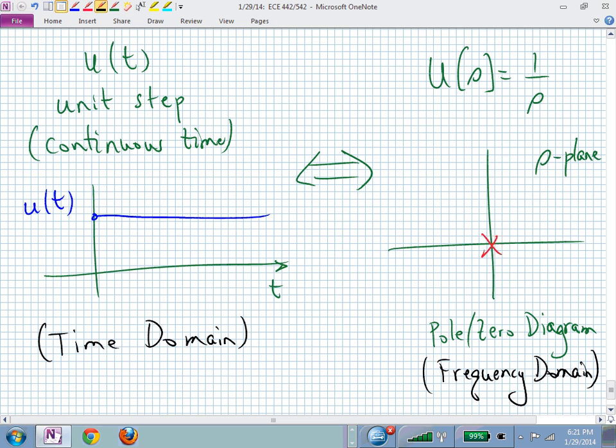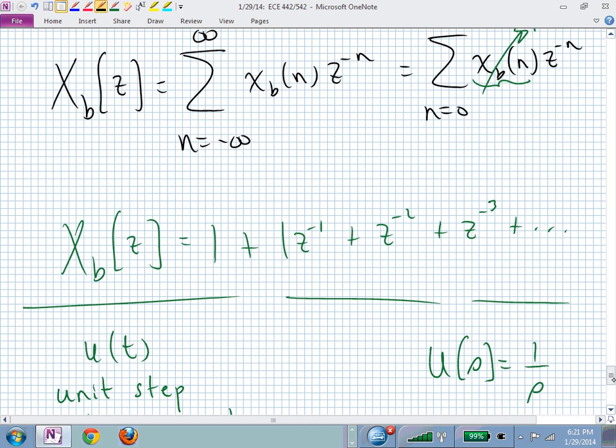And our time domain in the discrete time didn't look much different. It was always 1 for each sample period. So is our pole zero diagram, is our frequency domain plot or picture going to look something like this? So now we have 1 plus z to the minus 1 plus z to the minus 2 plus z to the minus 3.